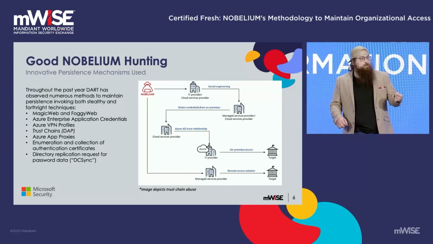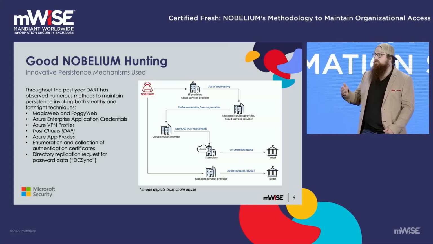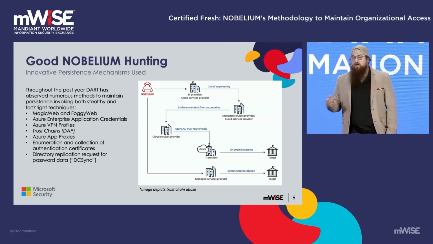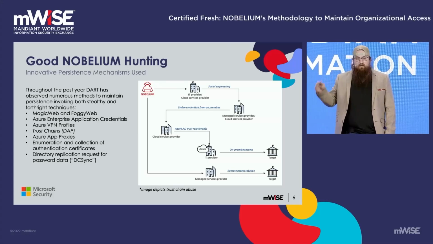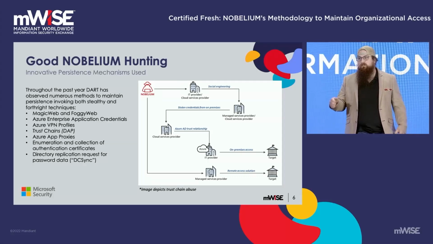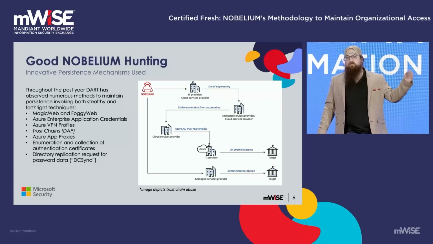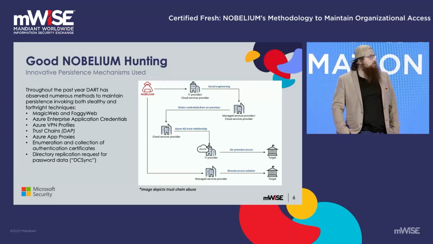So what we've been seeing Nobelium do is exploit those implicit trusts you have with your service provider organizations and follow down this very long chain of trust to reach their end target. They might start 3 or 4 degrees removed from who their target is and just follow that along until they get access.